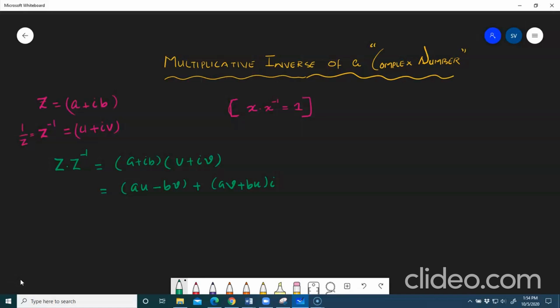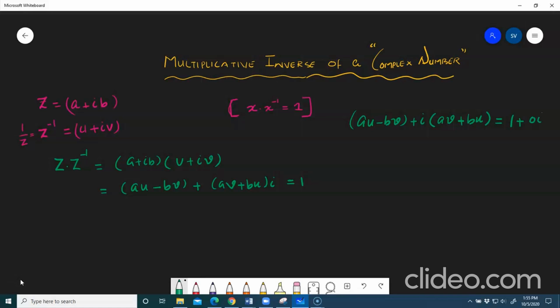And if z inverse is actually the multiplicative inverse, then the product should be equal to 1. That is au minus bv plus i times av plus bu is equal to 1. So I can rewrite this in the form of a complex number, 1 plus 0i.